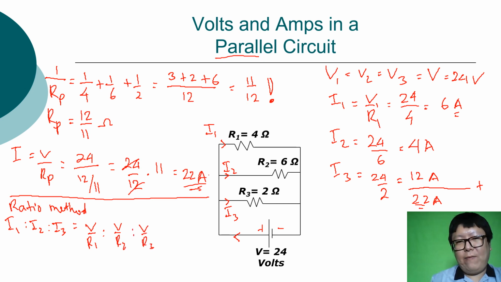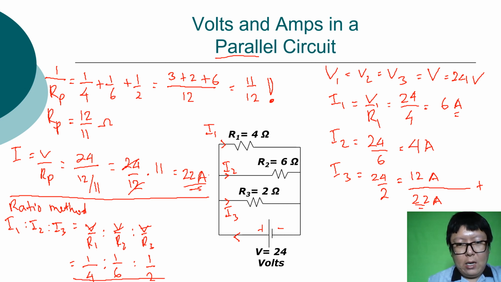They are having the same phi, right? So we can cancel. Then we get 1 over 4 to 1 over 6 to 1 over 2. Then you can times this all by 12. Then we get the ratio 3 to 2 to 6.